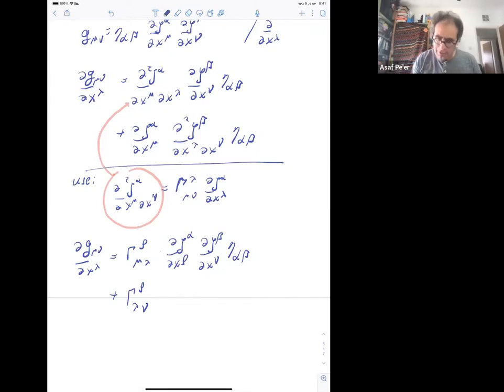So the regular rules of transformation do not apply to it. We'll get back to that. Times d psi alpha over dx mu, but then I also have d psi beta over dx rho, and then eta alpha beta.